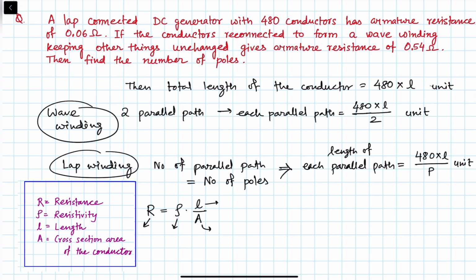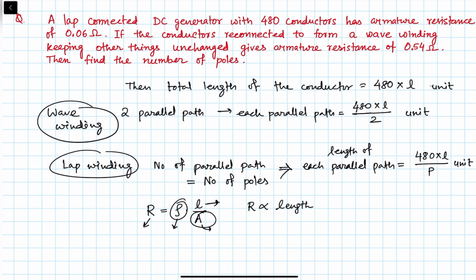Since we are not changing the cross section or the conductor, A will be constant, rho also will be constant. We are just changing the L. So can I say resistance R is proportional to length.